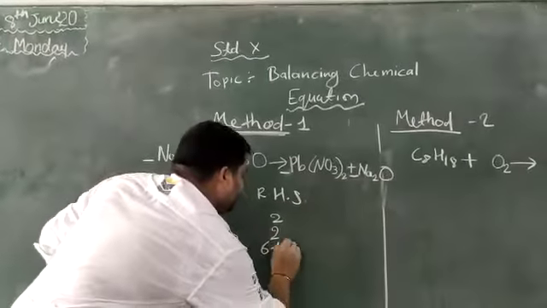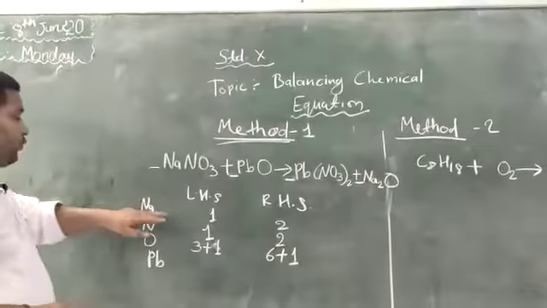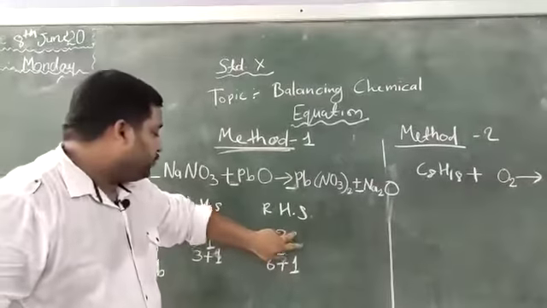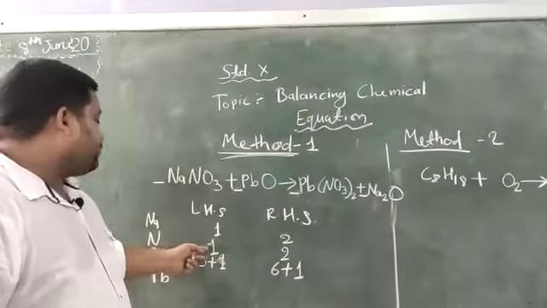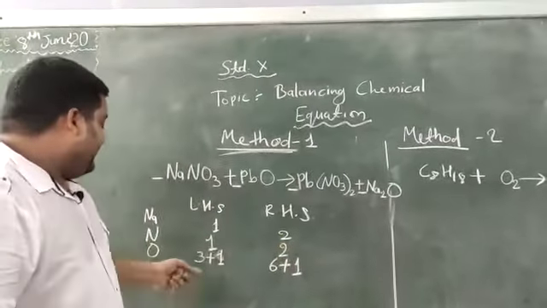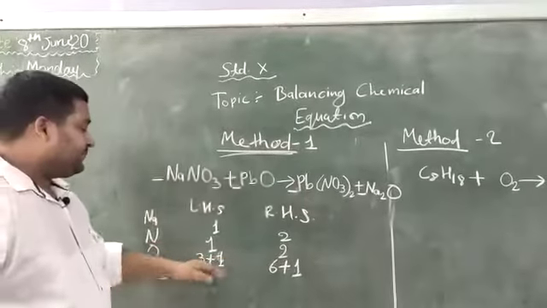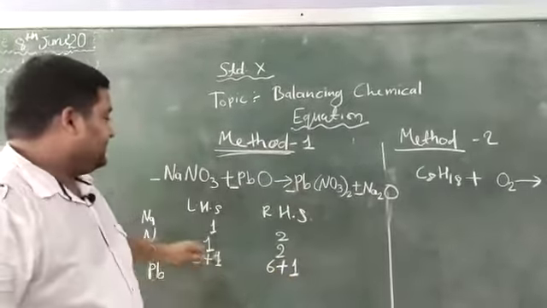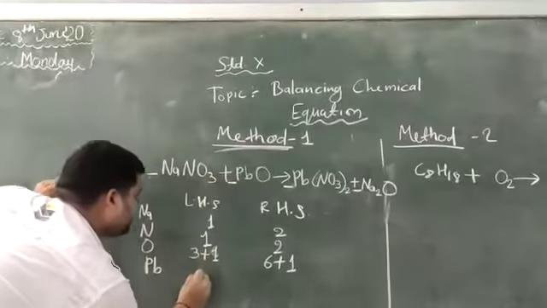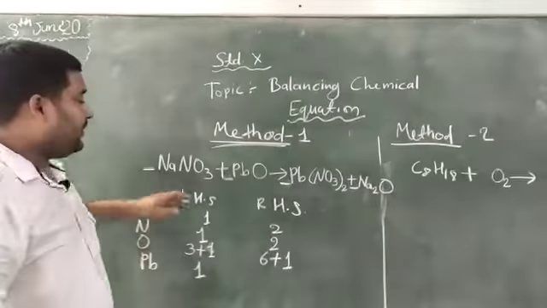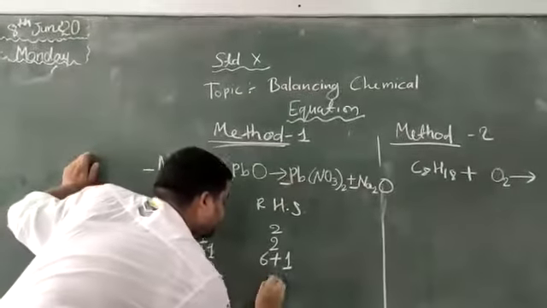Write down 1. Now check 1 sodium atom, right side 2 sodium atoms, left side 1 nitrogen, right side 2 nitrogen, and here 3 plus 1, 4 oxygen and 6 plus 1, 7 oxygen. Now lead 1, so write here 1, this side 1, so write here 1.